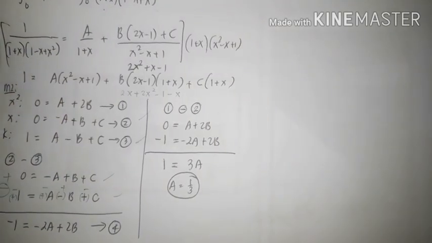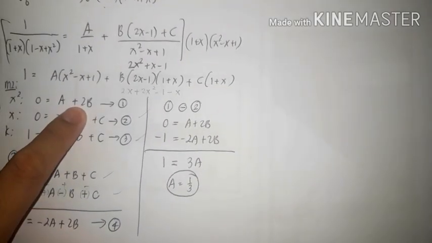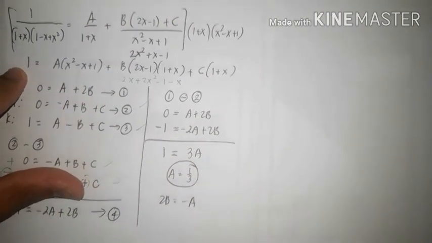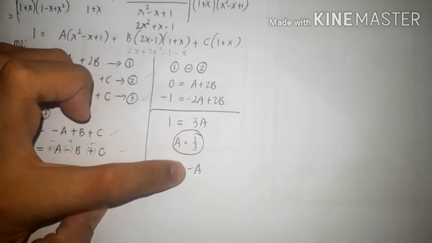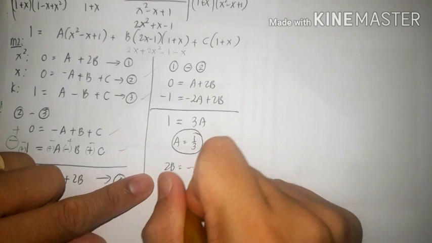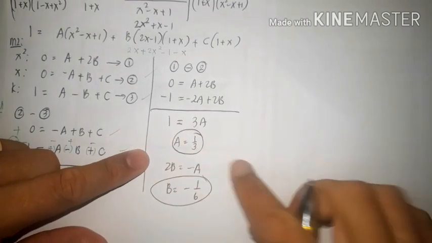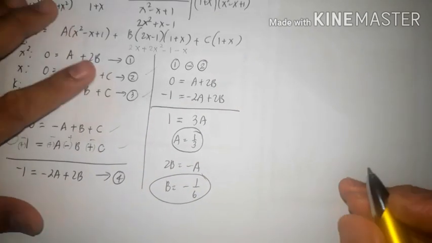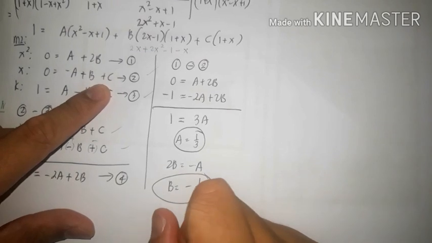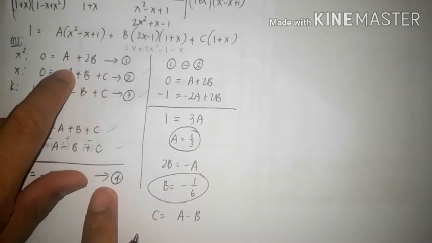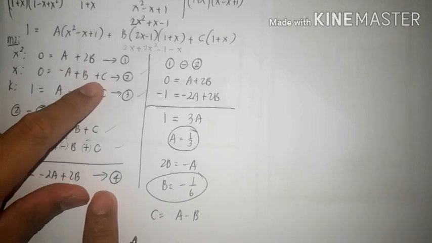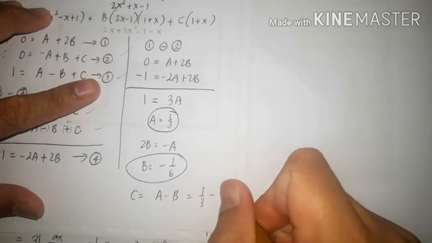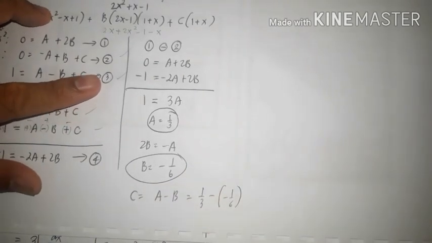So having that solved, since A is 1/3, you can solve for B. 2B is equal to negative A by transposing that A to the other side of the equation. Then A is 1/3, so B is negative 1/6, because 1/3 times negative 1 is negative 1/3, divided by 2 is negative 1/6. Then you can solve for the value of C. C is 1 minus A minus B, transposing A and B. So C is 1 minus 1/3 minus negative 1/6.